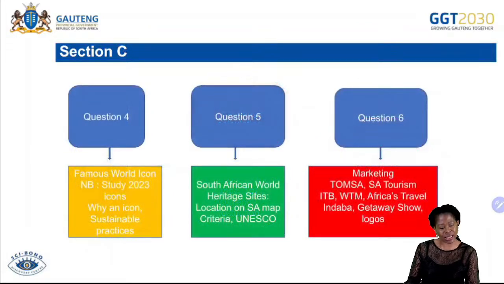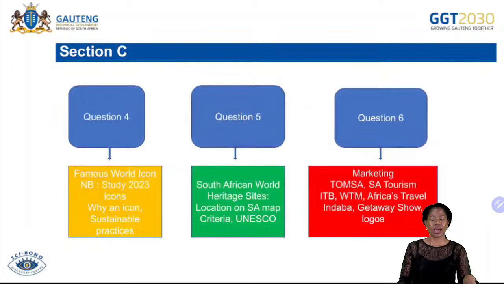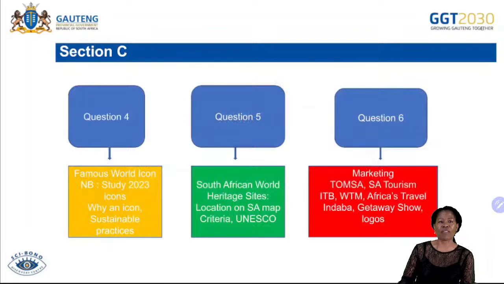We have Section C. Section C is Question 4, Question 5, and Question 6. Under Question 4, you will be asked about world icons, the famous ones. Remember, this year, 2023, we had our list of famous world icons that we studied inside the classroom.